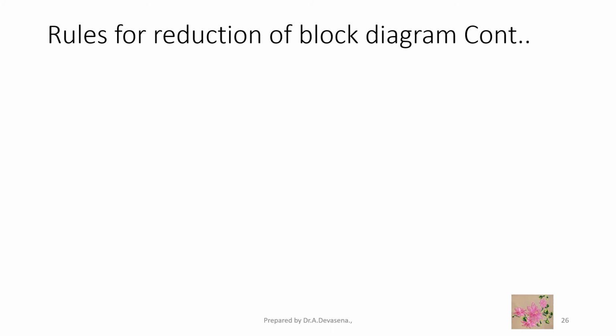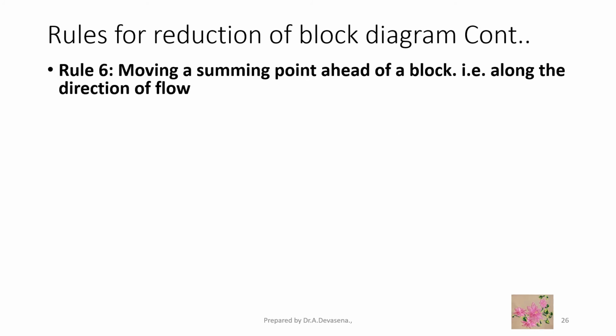Rule number 6. Moving a summing point ahead of a block, that is along the direction of the flow. This is the representation. Initially, the summing point is present in the input path. Now we are going to shift the summing point from the input side to the output side, that is along the direction of the flow.